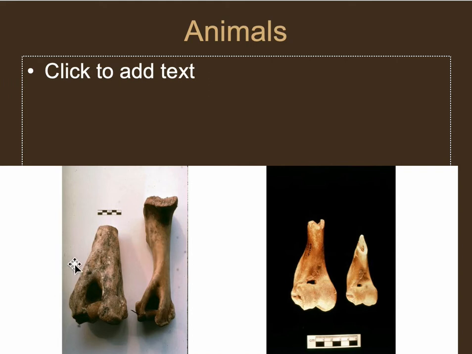If you were an archaeologist, you would find bones like these. Now, you can see that this section of this bone is equivalent to this section of this bone. This is obviously a much bigger animal than this, but both are adults. How can you tell that both are adults? Well, if they were not adults, then this area of the bone down at the epiphyses would not be fused, right?